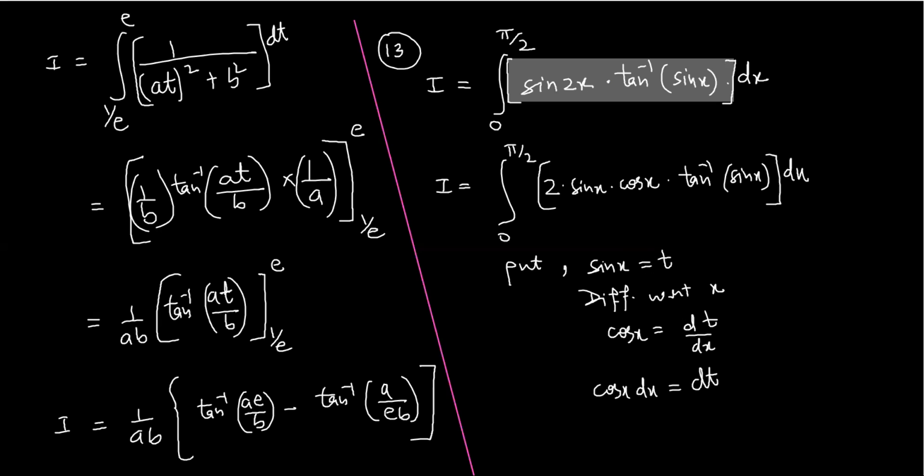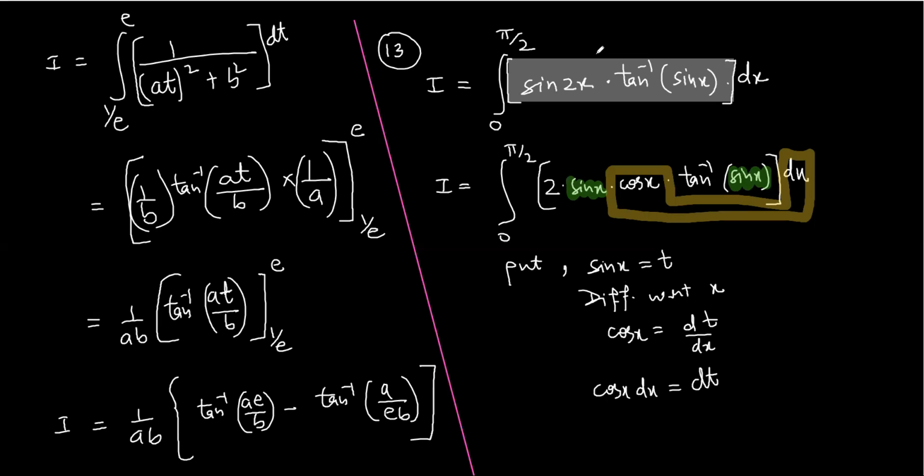So cos x dx will be dt, and this sin x will be t, and this sin x will be t. Everything is done now. Nothing is left. Everything is now changed into t.